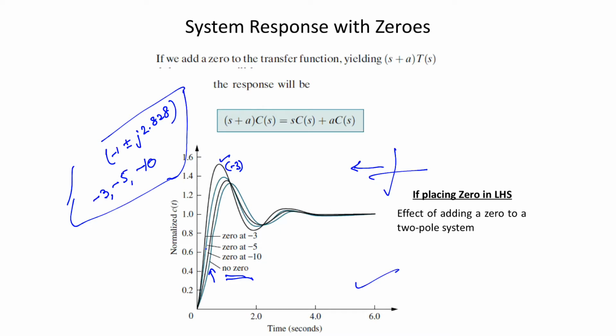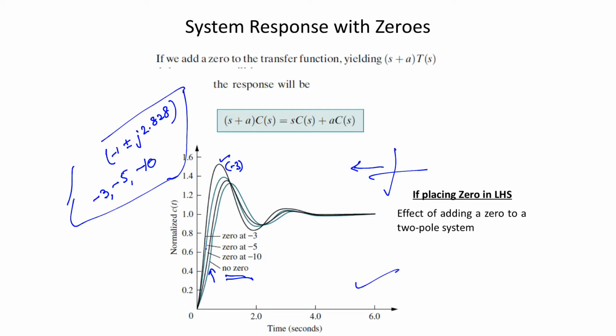Okay, so this can be reasoned through a partial fraction expansion. As we have seen in the partial fraction expansion, if we assume a group of poles and zeros far from the poles, the residue of each pole will be affected the same by the zero.